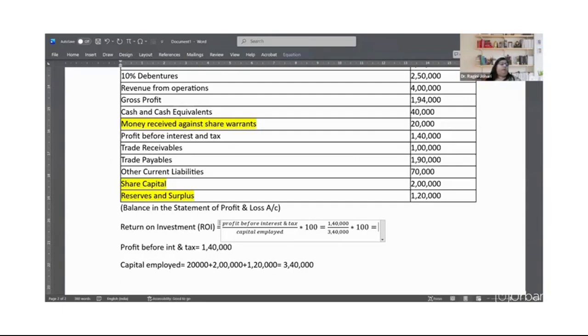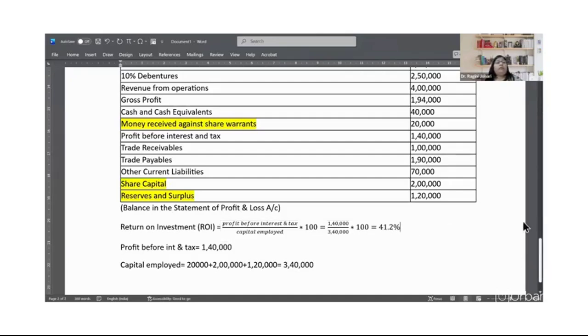This comes to 41.2%. Okay. So 41.2% is the return on investment of the business.